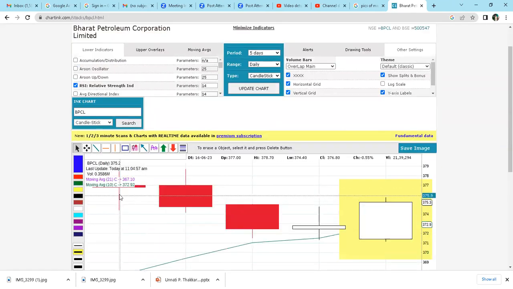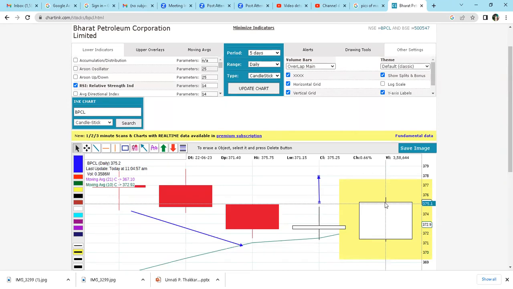What you are seeing on the screen is a downward trend following. Now, this pattern is formed, which might indicate that there is a trend reversal. If we watch today's market, there is a difference of 4.15 paisa between the opening and closing.